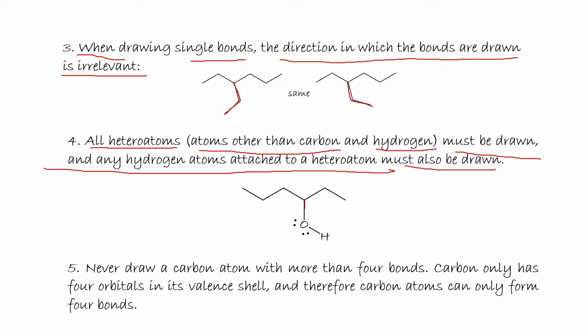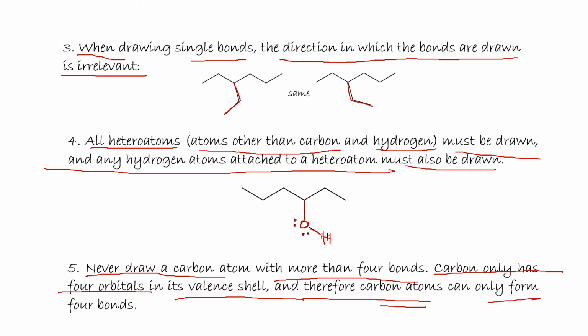Here, for the alcohol, you have to show the O, and then you have to show the H. And remember, once again, lone pair must be drawn. Never draw a carbon atom with more than 4 bonds. Carbon only has 4 orbitals in its valence shell, and therefore carbon atoms can only form 4 bonds.